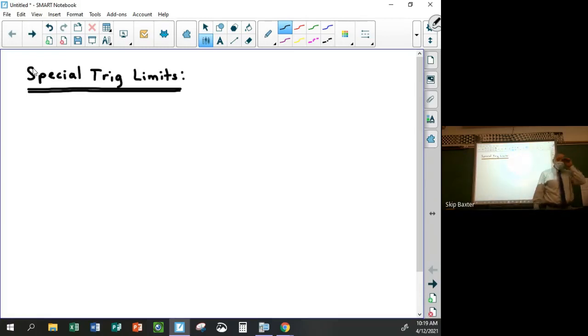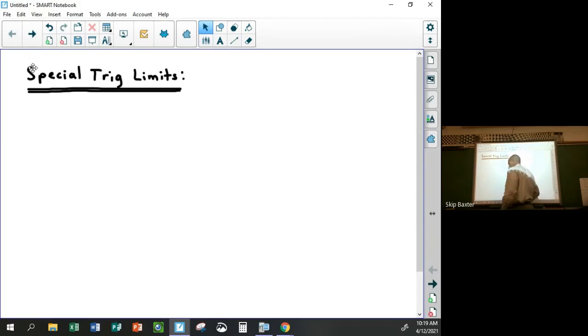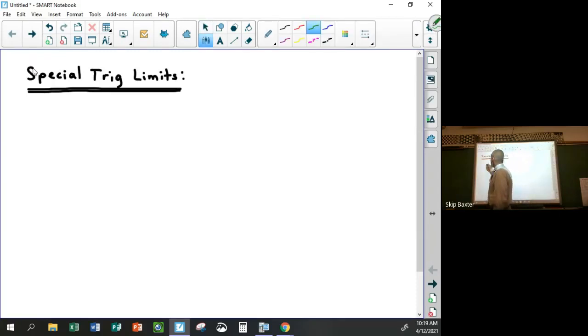Trig functions in general follow similar rules as rational functions or any polynomial. Suppose I have a trig limit, like the limit as x goes to 4 of sine pi over x. If you could just substitute 4 in and it makes sense and it gives you an answer, then that's the answer.